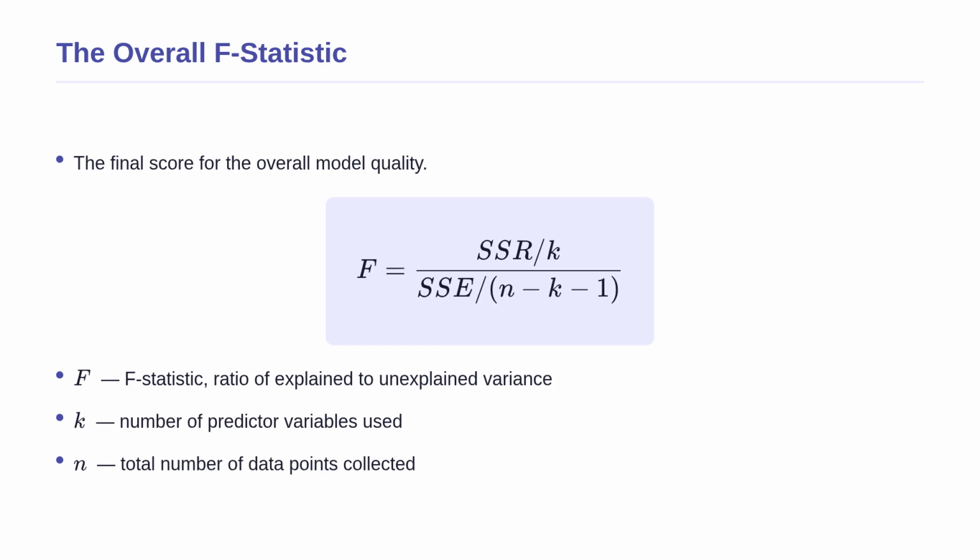The numerator divides the explained variation by k to find the average explained variation per variable. The denominator divides the unexplained variation by the remaining degrees of freedom, which is n minus k minus 1. If the resulting F value is much larger than 1, it shows our model explains significantly more variation than random noise would.